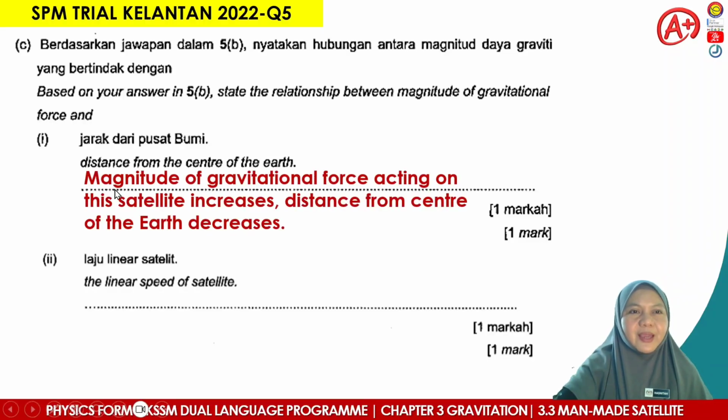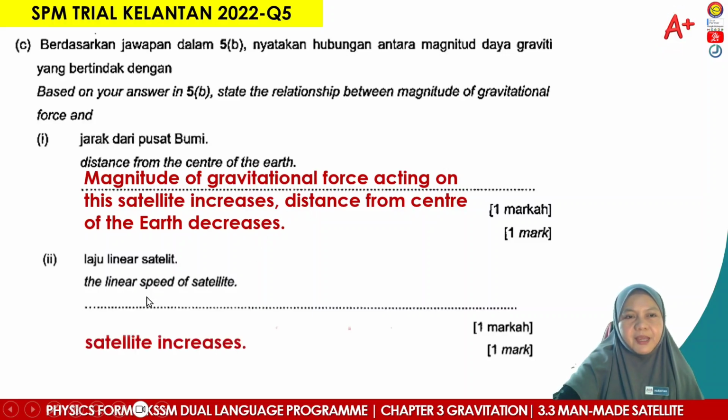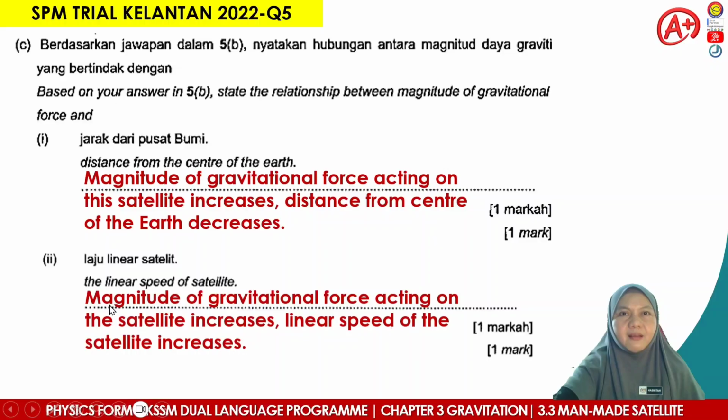We can say the magnitude of gravitational force acting on the satellite increases as the distance from the center of the Earth decreases. They are inversely proportional. And the linear speed is directly proportional: when the magnitude of gravitational force acting on the satellite increases, the linear speed of the satellite increases.